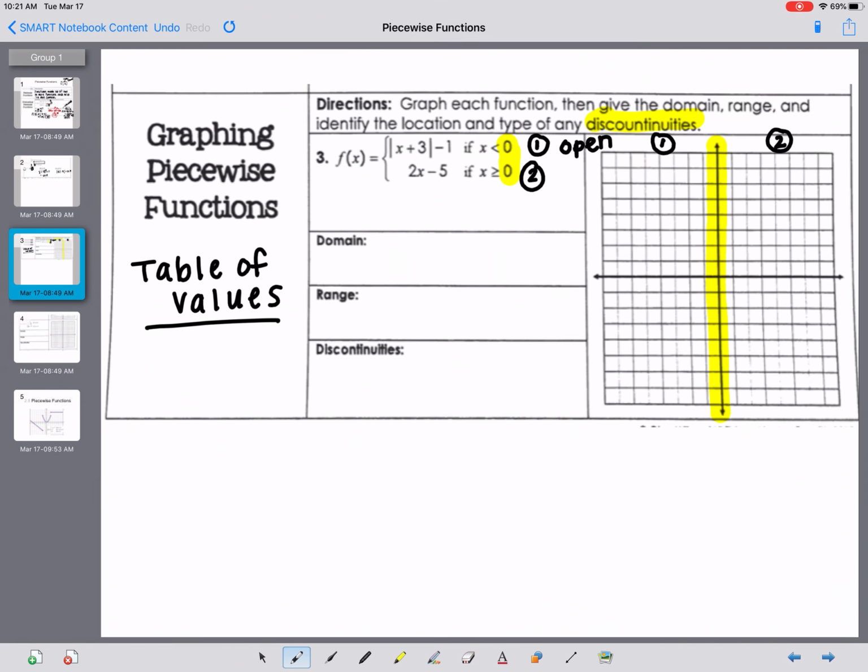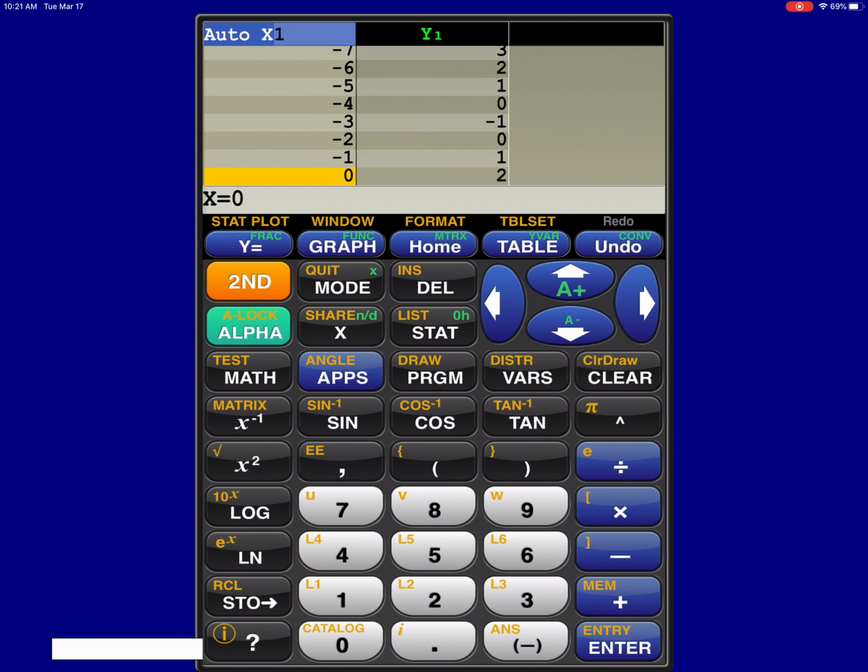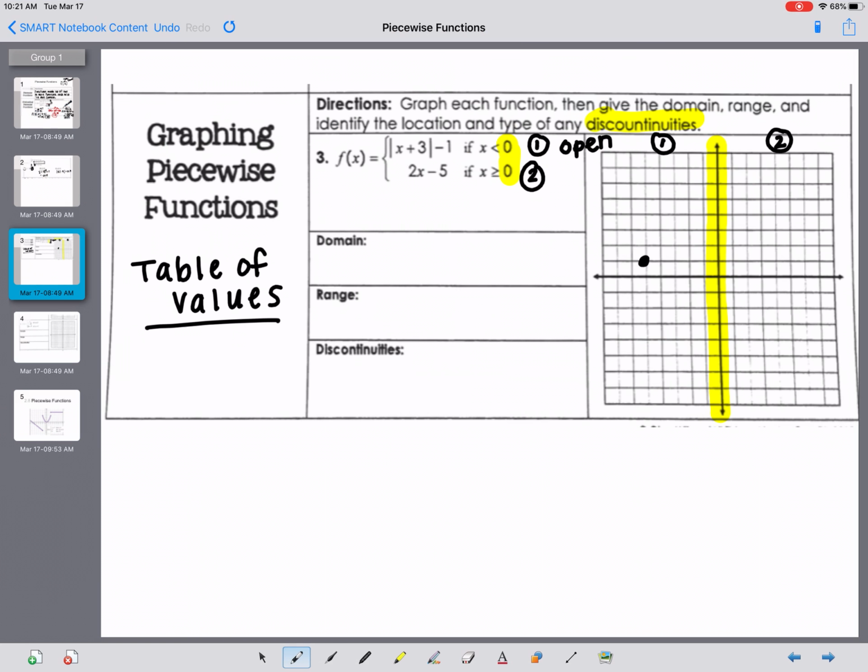I'm going to go to -5 and plot 1. Then continue doing this until you reach x is 0. So I have -5, 1, -4, 0, -3, -1.